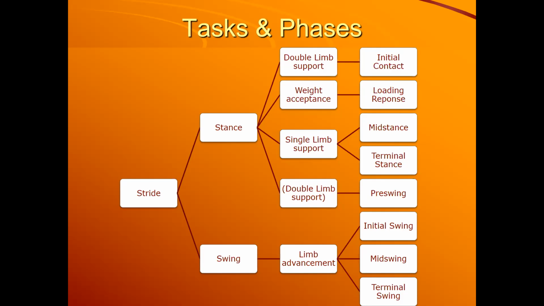Then you go through mid swing, you bend your knee a little bit more to clear it so that it doesn't drag the floor. And then terminal swing is just the very second before your heel hits the ground again. Initial swing, mid swing, and terminal swing are all part of limb advancement.